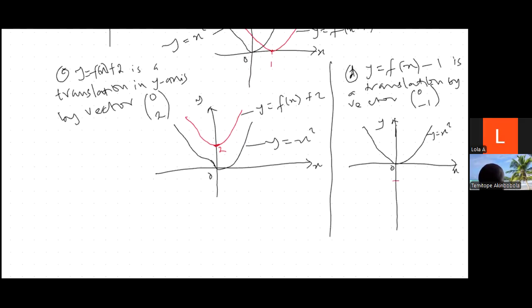So we now have the graph this way. So this is y equals f of x minus 1. Hope that makes sense to you. So you can see how the graph has been shifted in horizontal axis and vertical axis.